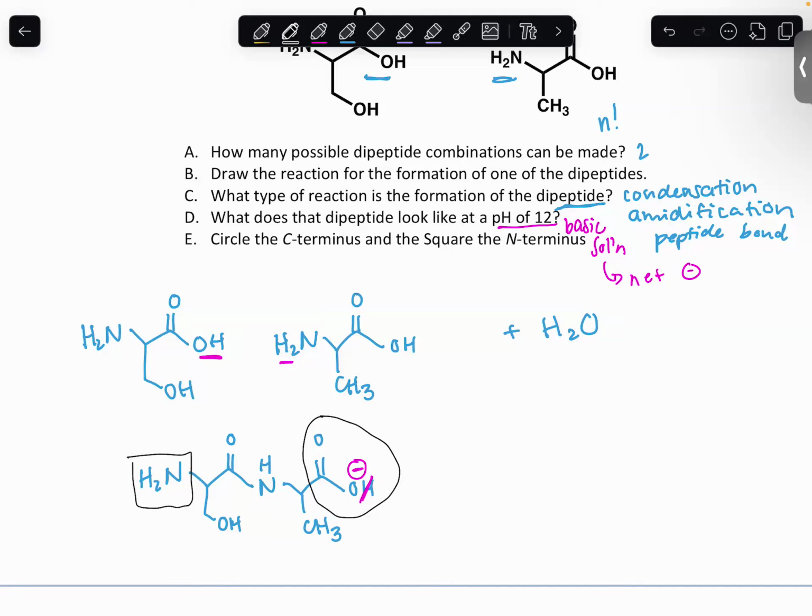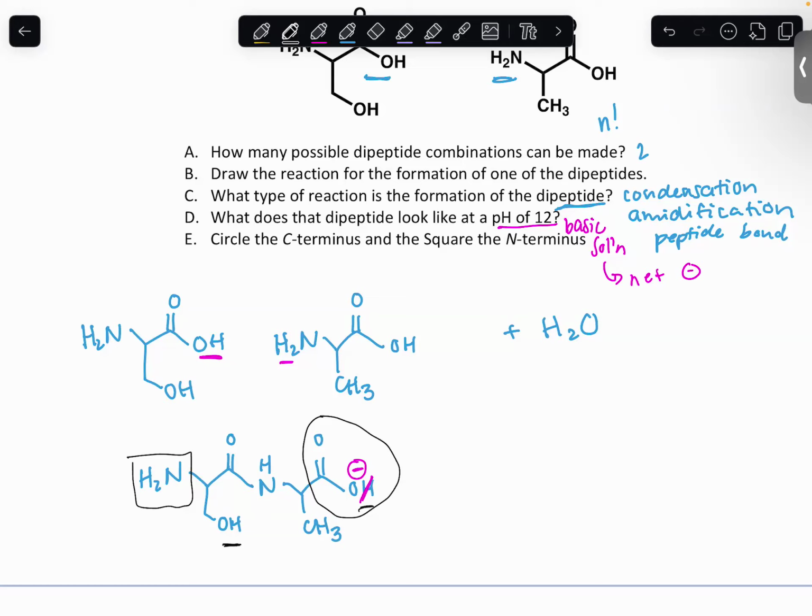The pKa of this OH is different than the pKa of this OH. And what pKa means is that's the pH level where that proton will fall off or return. And so each of the R groups have unique pKas that you don't have to worry about.